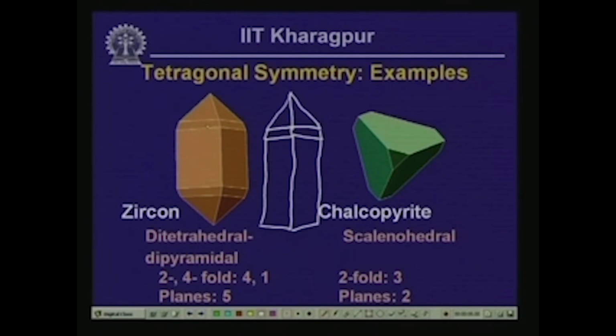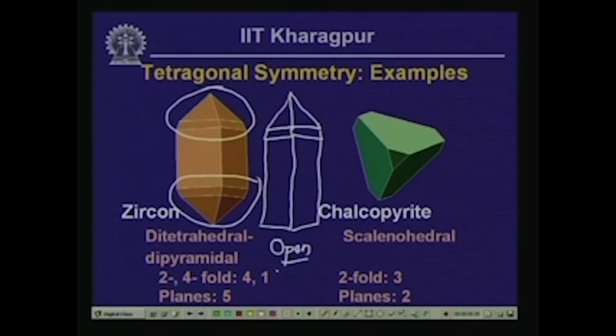You can see that the two pyramids that appear at the ends of zircon actually close the form, whereas on the one that I have drawn here, let me label it as an open crystal, you do not have a pyramid at the bottom of the crystal. So, this essentially is an open form.